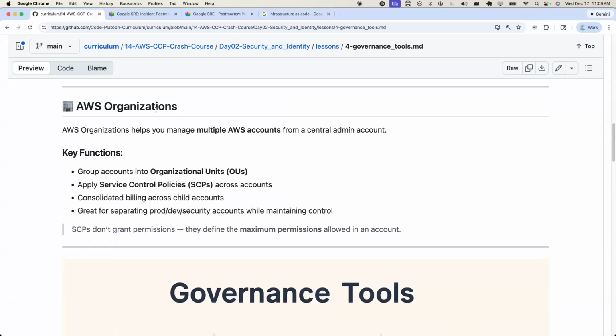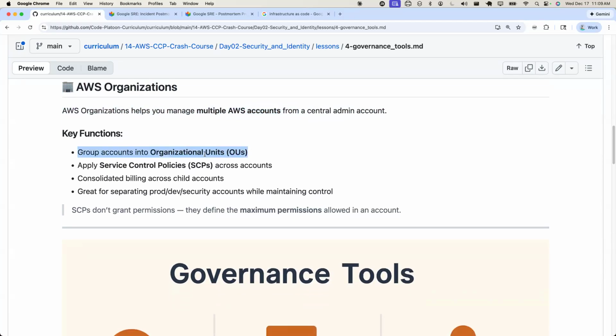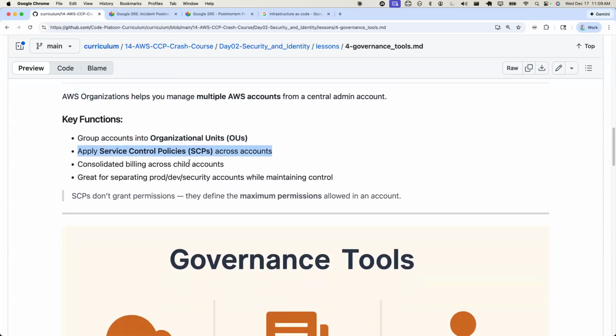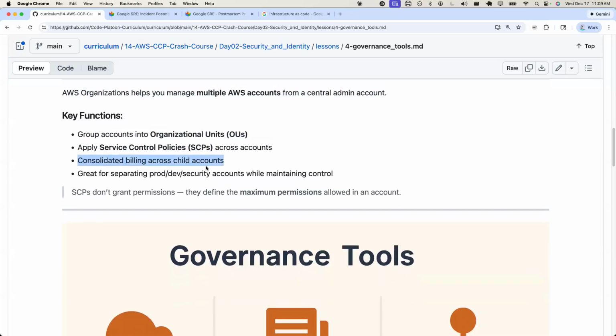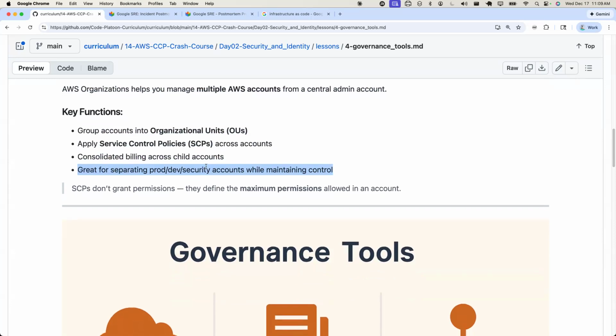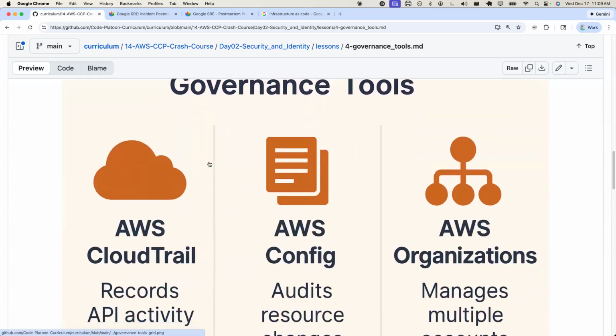AWS Organizations is going to be sort of the last thing to cover here. This is for managing multiple AWS accounts from a central account. And it does a couple things. There's something called organizational units. You can apply policies across accounts, consolidated billing, stuff that's again a little more relevant to a bigger organization.